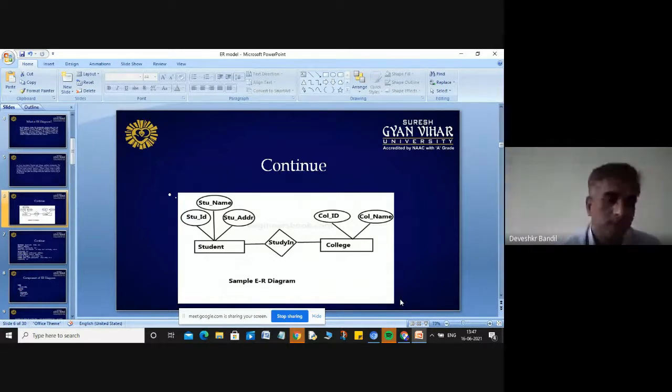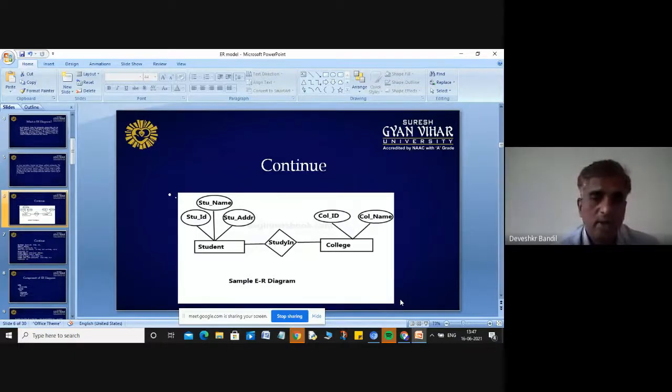Student having some characteristics. These are the attributes, like your student ID, student name, student address. You can take more attributes, but here I have taken only three attributes of your student: student ID, student name, and student address.